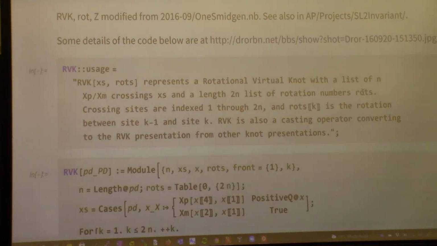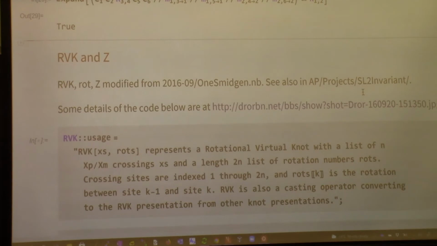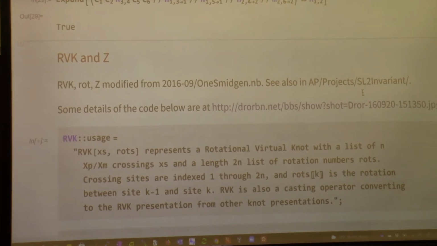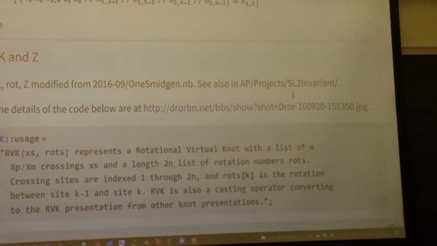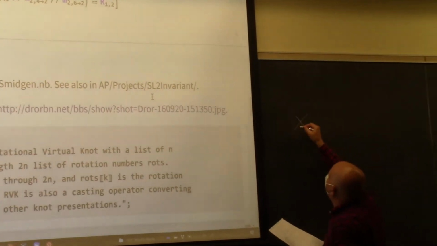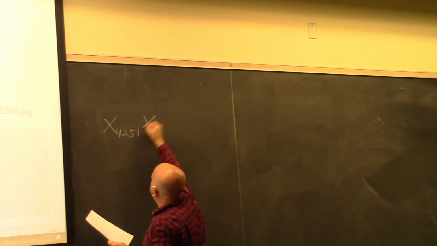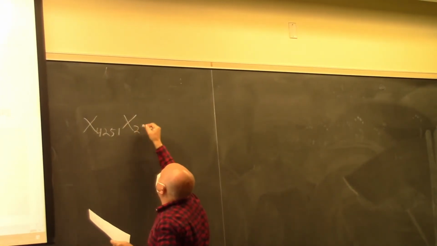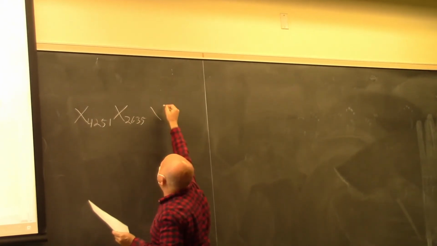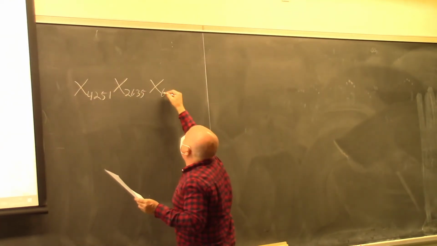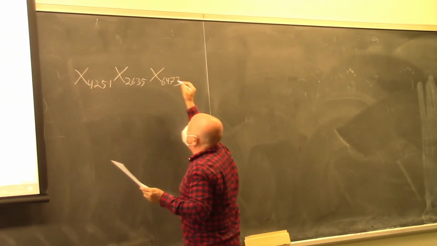The next thing is, now I actually want to check what the resulting invariant is. Okay? So, you give me a knot, and I need to compute what the resulting invariant is. So suppose the knot is X4 2 5 1, X 2 6 3 5, X 6 4 7 3.